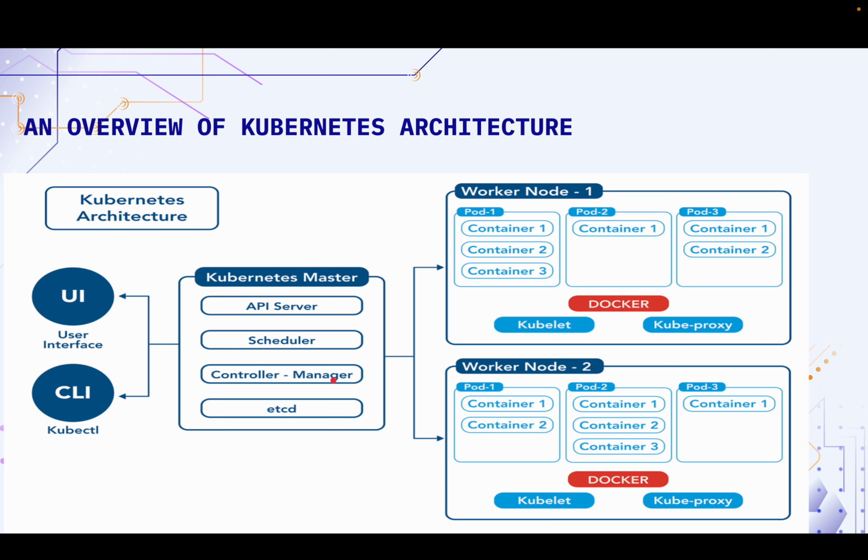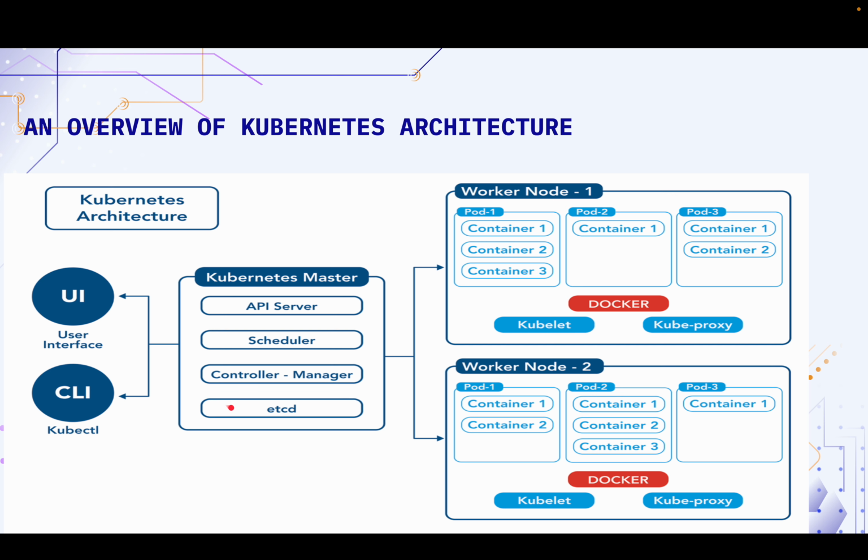The controller manager is responsible for running various controllers that monitor the cluster state and drive it towards the desired state. For example, the replication controller, which ensures how many replicas of a pod are running on the cluster, the node controllers or the service controllers, things like that.